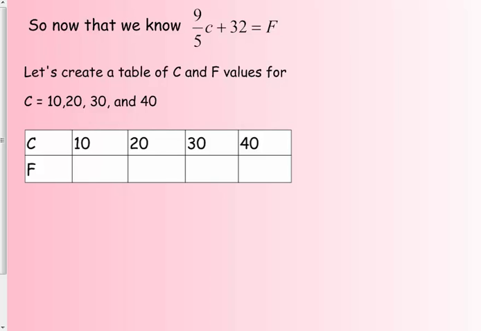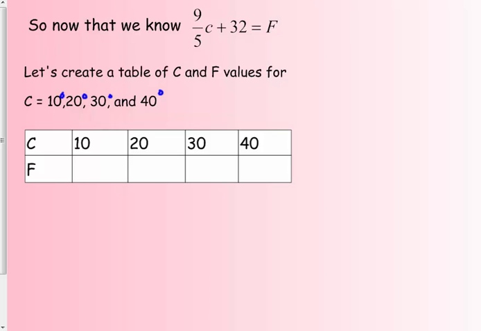Let's create a table of values comparing Celsius and Fahrenheit values. What if the Celsius is 10, 20, 30, or 40 degrees? Yes, these are degrees. Let's pretend there's degree or write in a degree symbol there. So if I know the Celsius, can I figure out the Fahrenheit?